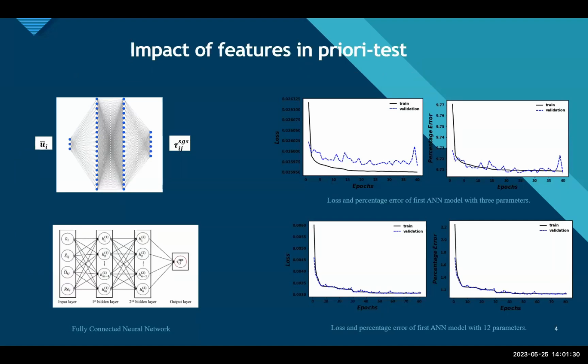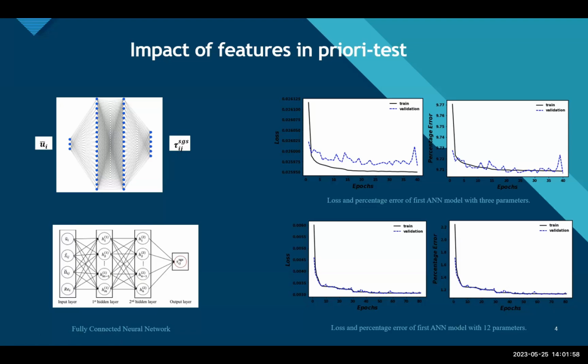In this slide, you can see the impact of features in a priori tests. At the first step, I use the velocity in the X, Y, and Z directions for training our model. You can see the loss and percentage error here. But in the second step, I increase the number of features.